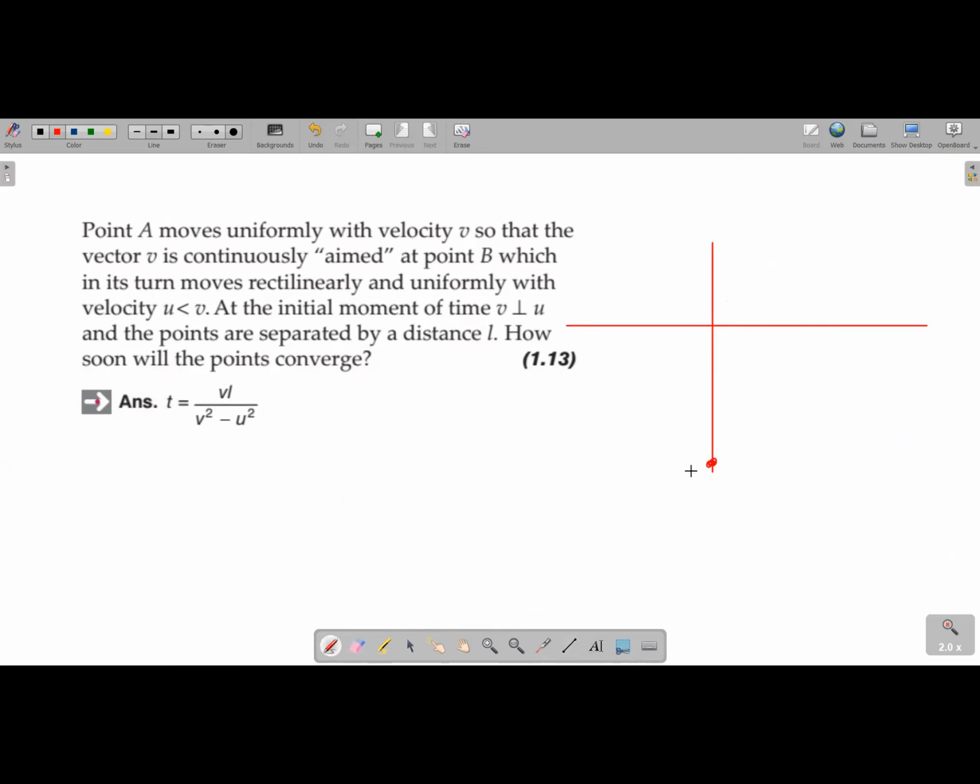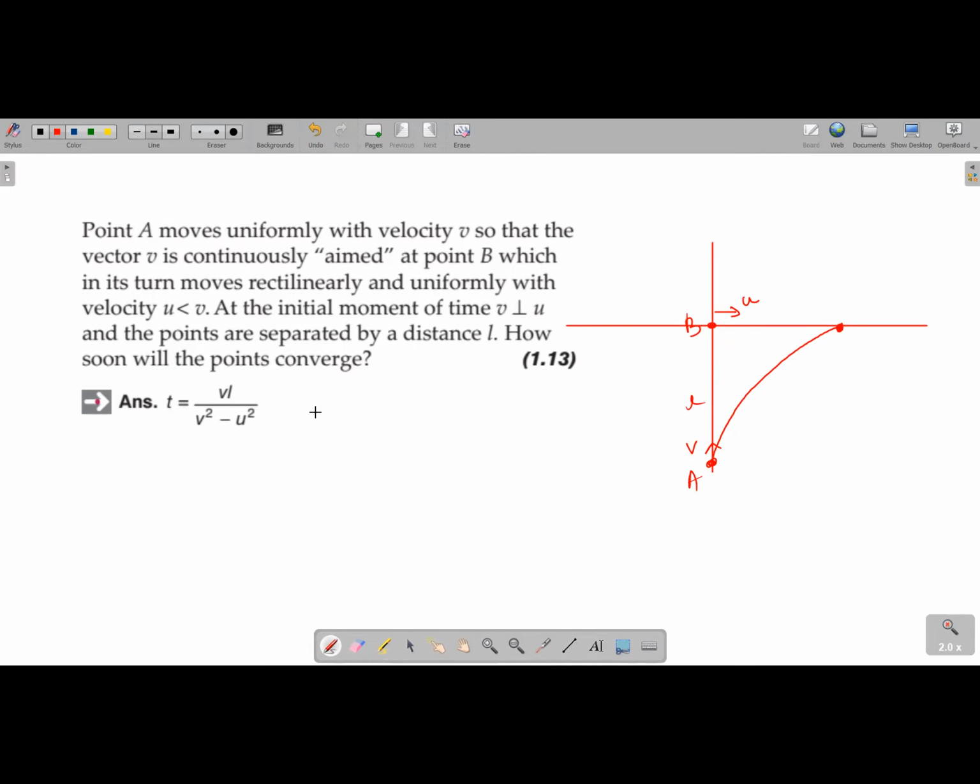A was initially here, B was here with some uniform velocity and this has uniform speed. Now see, A will always aim towards B. So A will follow this path. And somewhere B and A will meet here because U is less than V. So definitely B will be caught by A somewhere here.